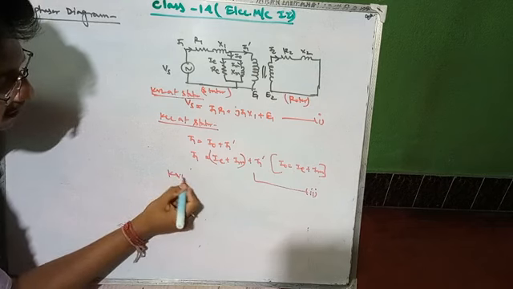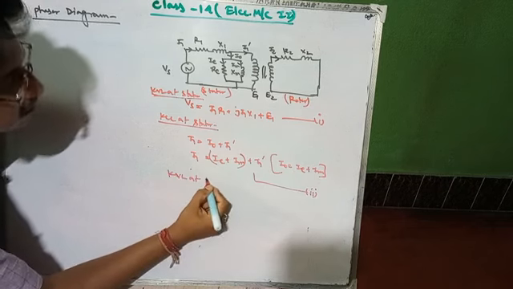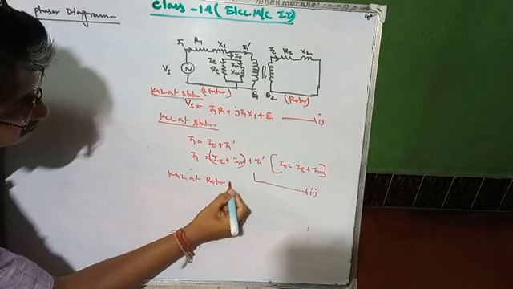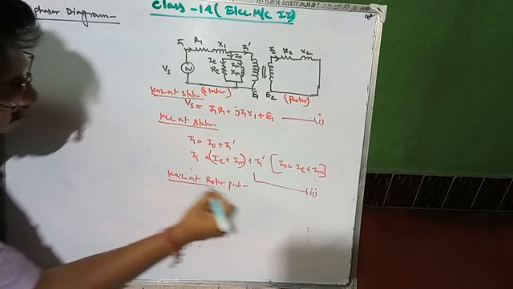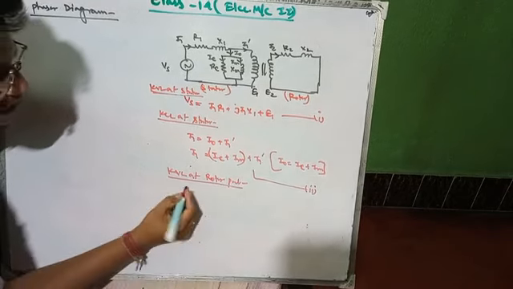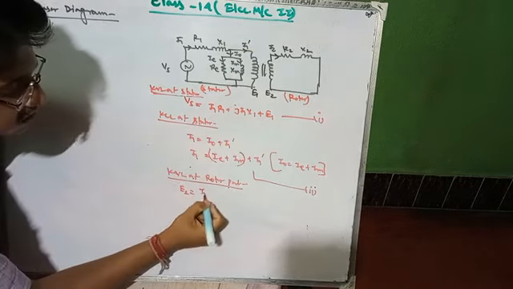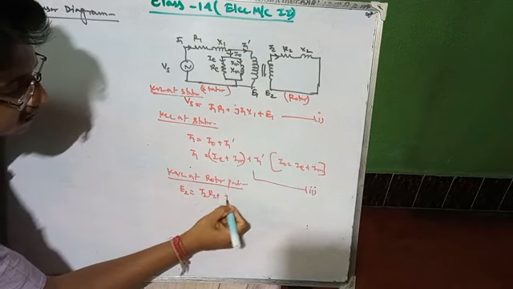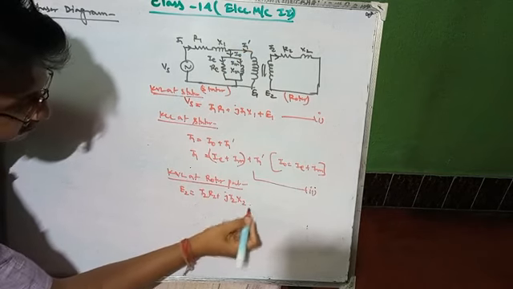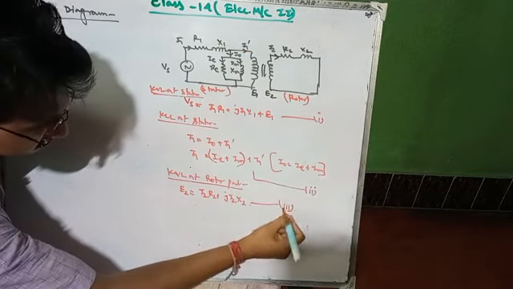And KVL at the rotor part. E2 will be the excitation voltage over here, which equals I2 R2 plus j I2 X2. So this is your equation number 3.